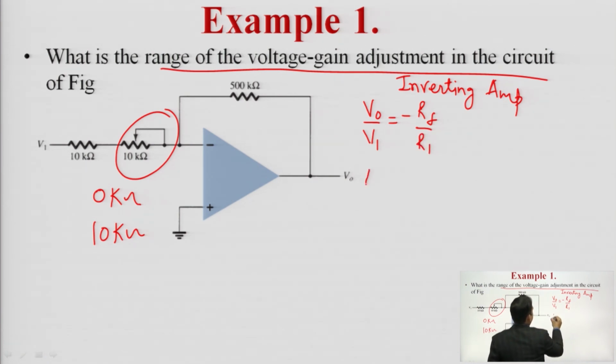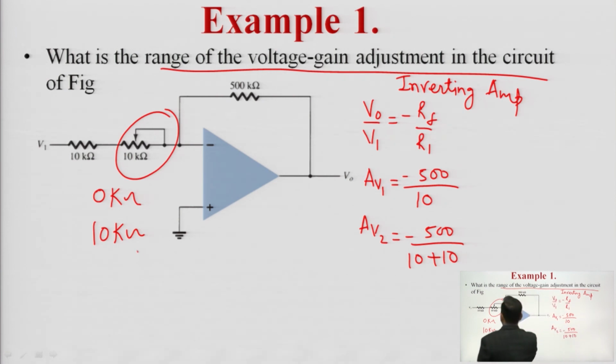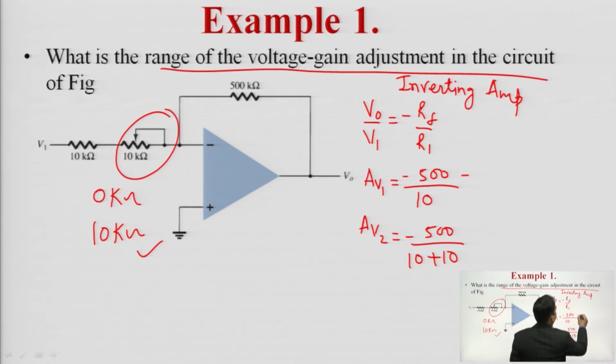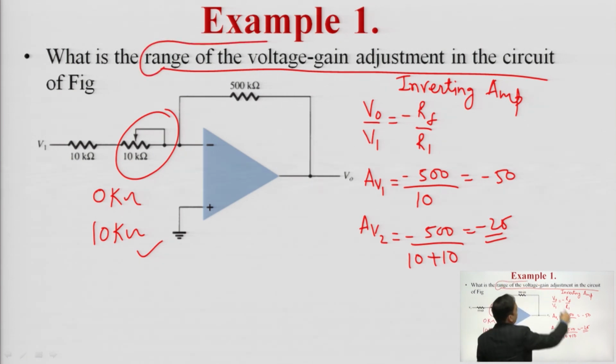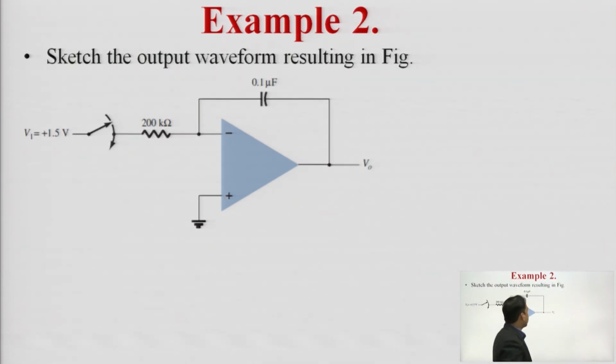So the first gain, AV1, equals RF 500 and R1 only 10k, and the second, AV2, is minus 500 divided by 10 plus 10. This comes out to be around minus 50, and this is minus 25. So the gain range is basically minus 25 to minus 50, and since it is negative, it is inverting.